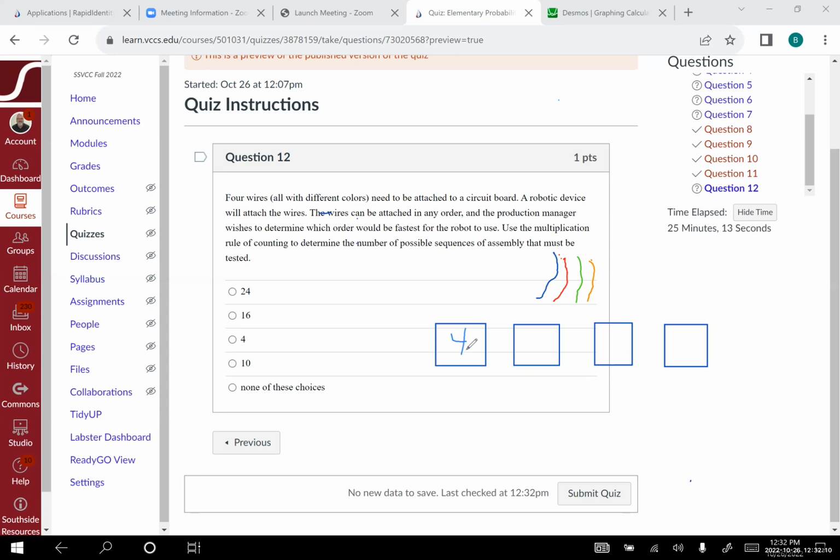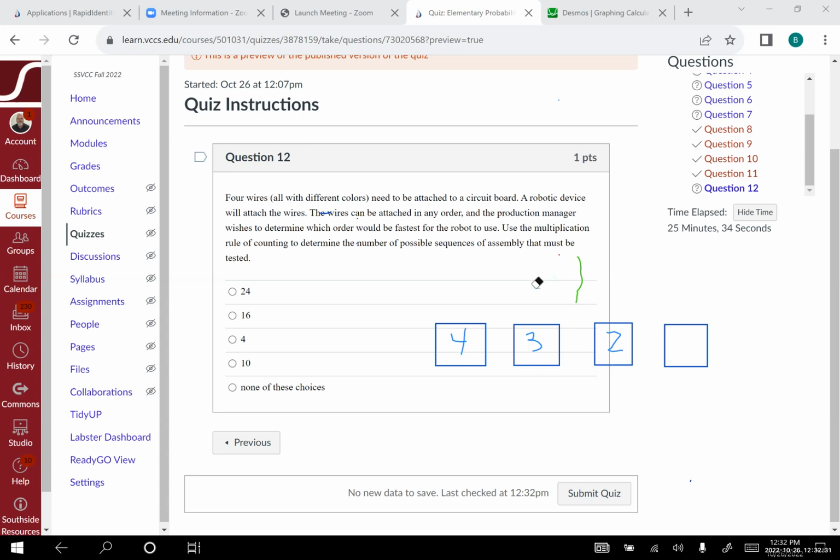Now that you've used one of your wires, it's connected. How many do you have to choose from for the next box? 3. There you go. Now, how many for the next box? 2.